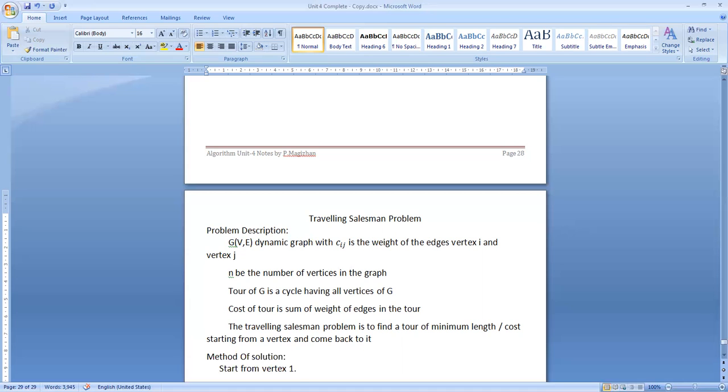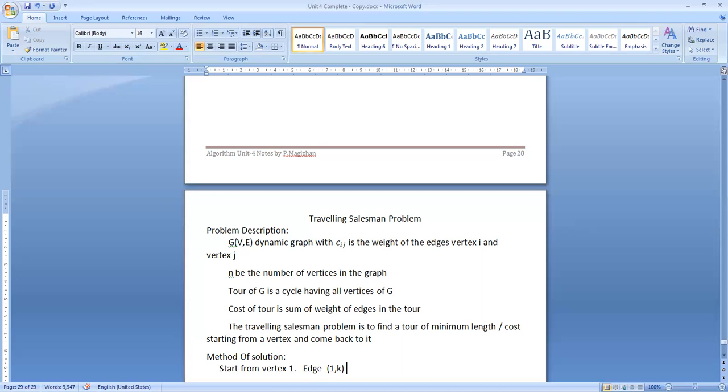Whatever the tour is, in our case we are starting from 1. Our tour will consist of an edge 1 comma k, where k is some intermediate vertex. Let us take there are some n vertices.